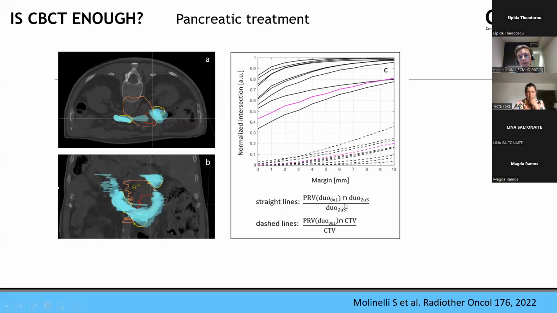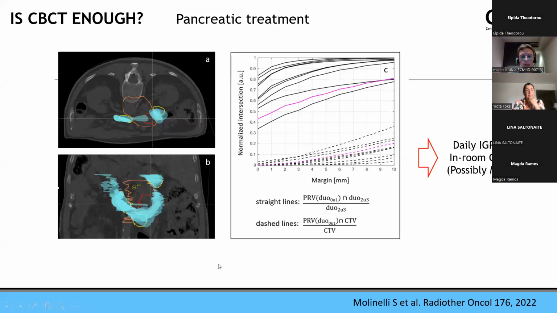And we checked with an intersection over union approach to see if the PRV of the pre-treatment duodenum position would be able to predict the position of the duodenum during treatment, but this was not possible, not even with a 10 millimeter margin expansion, which would of course completely cover the CTV and completely destroy the target coverage.